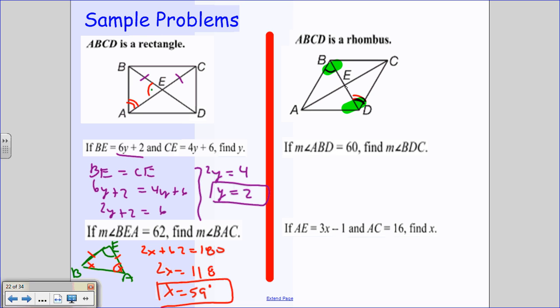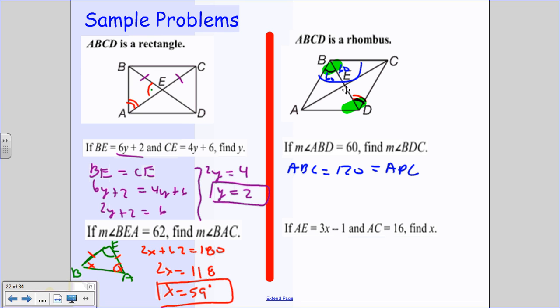So that means if this corner is 60, this corner is also 60. So together it's 120. So ABC is 120, which means that ADC is also 120.